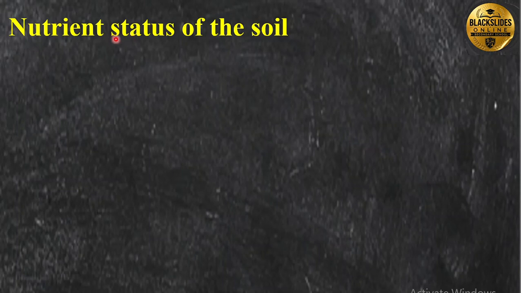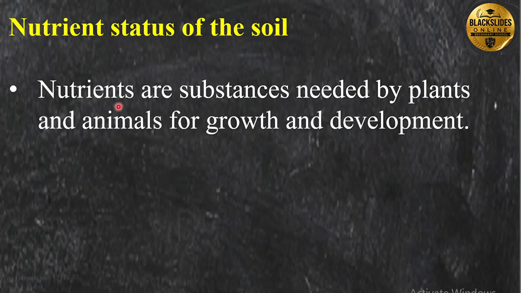So welcome to the nutrient status of the soil, which is also called nutrient content. Nutrient content of the soil is another chemical property. Nutrients are basically substances needed by plants and animals for growth and development. So plants need nutrients for them to grow and develop.